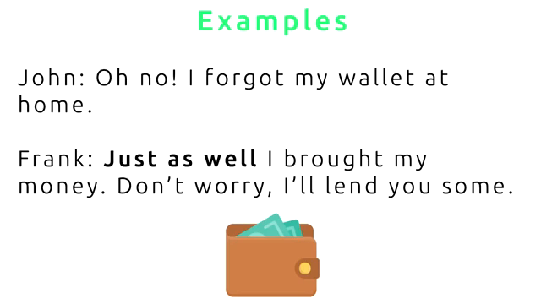Let's have a look at example number 2. John says, oh no, I forgot my wallet at home. And his friend Frank replies, just as well I brought my money. Don't worry, I'll lend you some. This particular example is talking about something lucky.